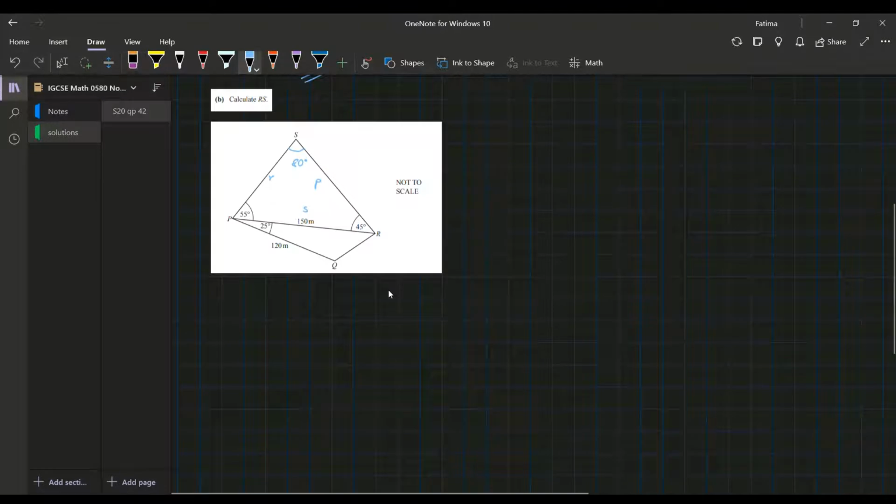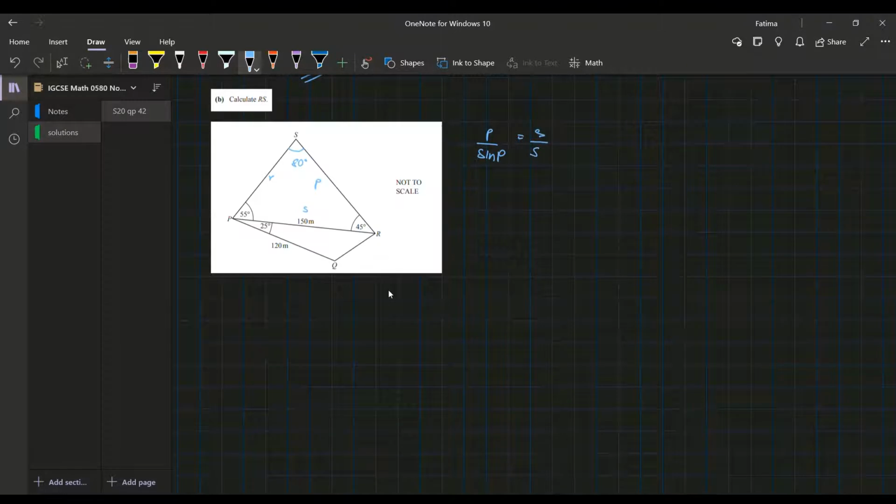Anyway, we're given 3 angles and 1 length. So what we can do is apply approach number 3, which was the sine formula, where if we substitute our given values, it would be p upon sine P is equal to s upon sine S. Now over here we need to calculate what p is. We know the angle of P is 55.